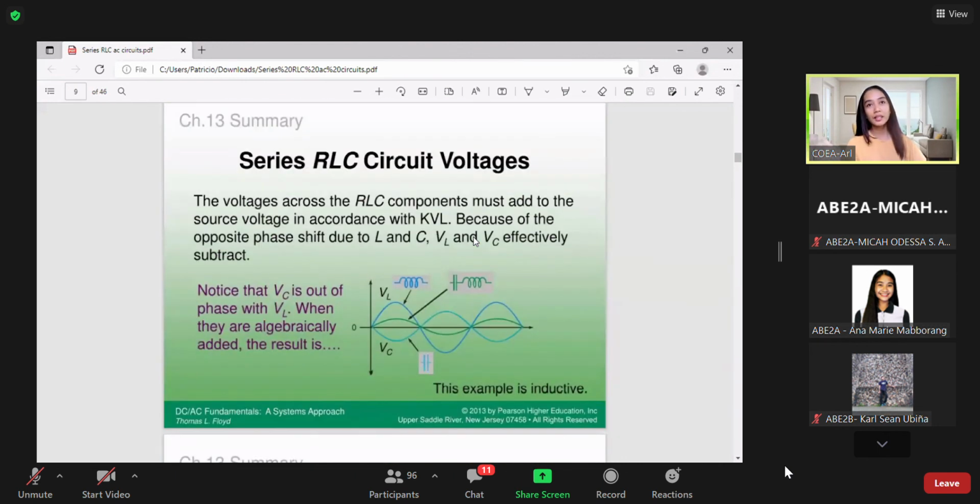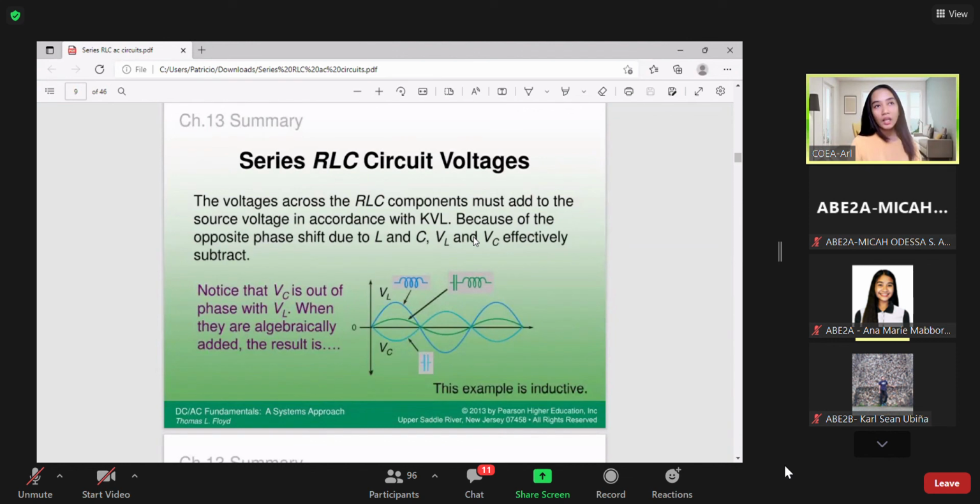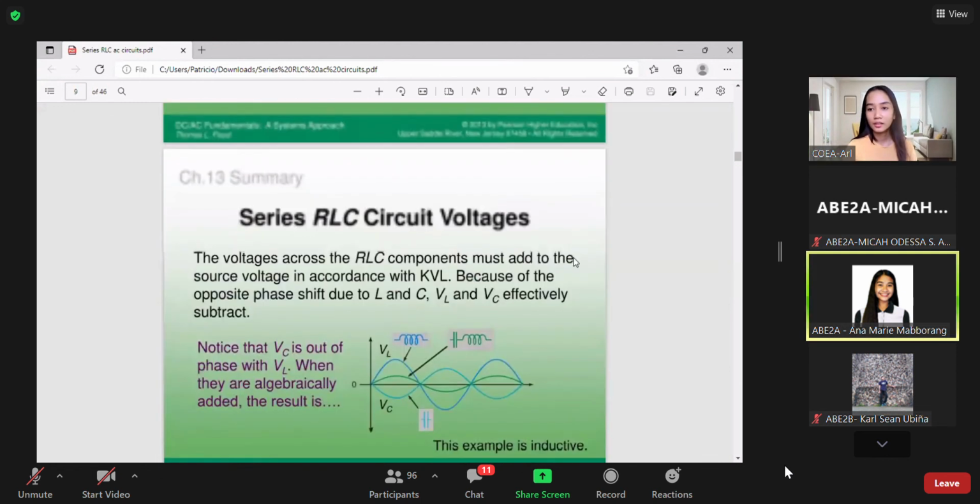Sabi kasi natin before, in resistances, there is no negative value. Since it is either ways that the capacitive reactance is larger than the inductive reactance, ang target lang natin is to have a positive value of an ohmic values of the respective circuits. Para wala lang tayong maging negative ohms. Okay, ma'am. Thank you po.